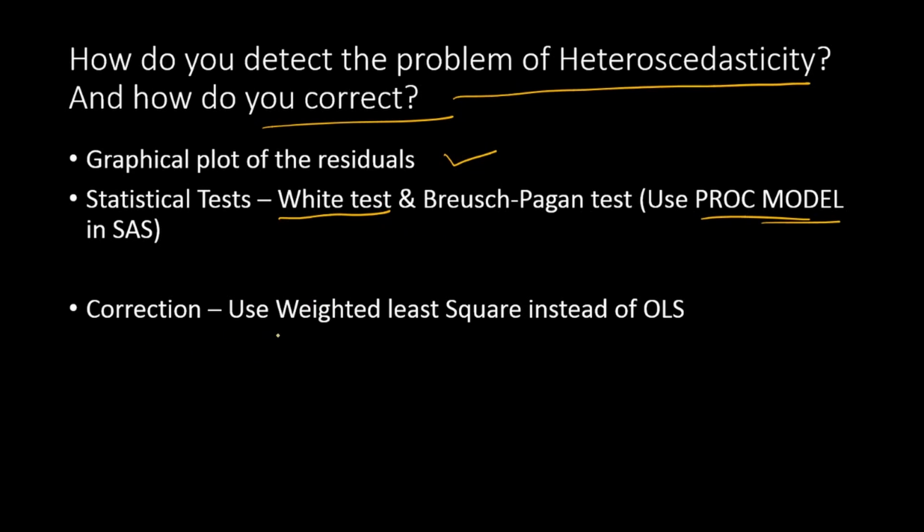So how do we correct the heteroscedasticity? There are different ways, but one of the ways is to use weighted least squares instead of ordinary least squares. The weighted least squares is able to handle the change in the variation in your cross section data. So that's an important thing.